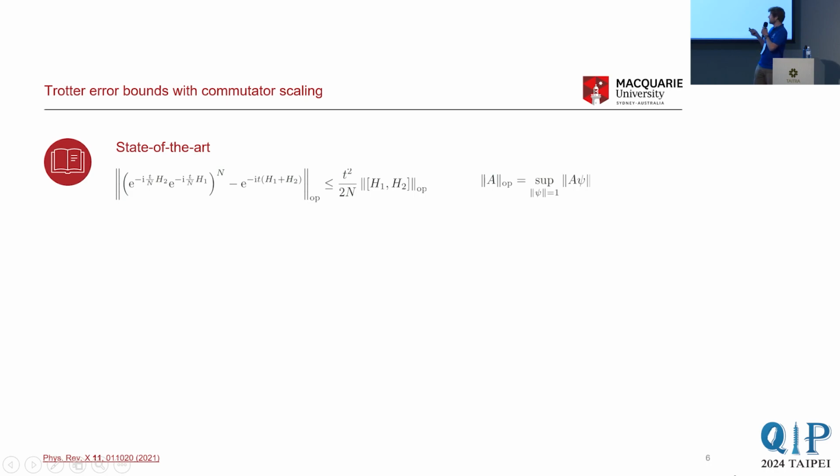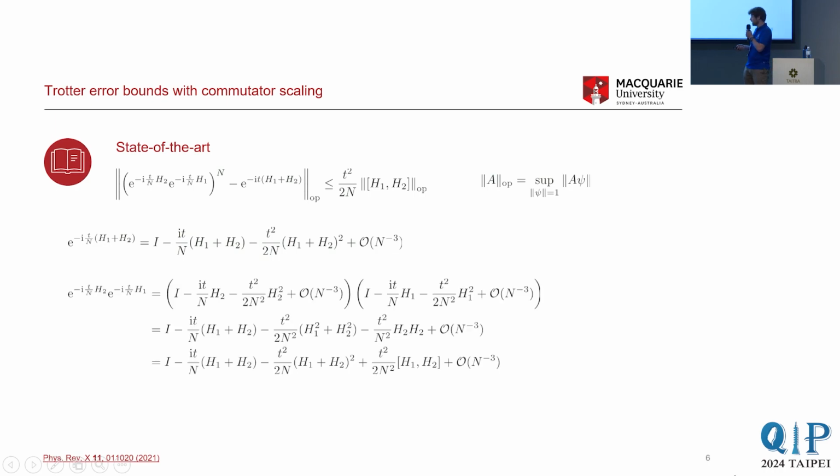This is bounded in the operator norm. In the case of matrices, this would just give you the largest singular value of the matrix. This bound is intuitive because you can think of Taylor expanding the target evolution, and you could also Taylor expand the Trotter evolution. If you subtract the two Taylor expansions, you get exactly this scaling.